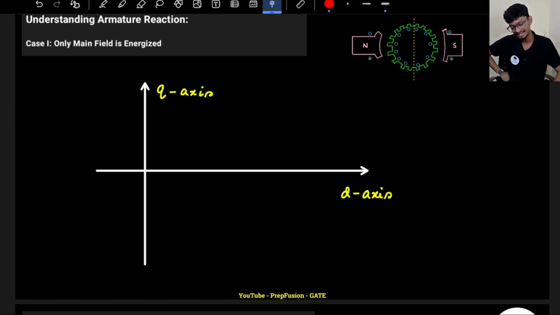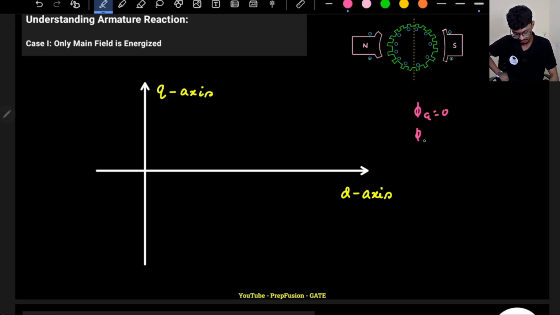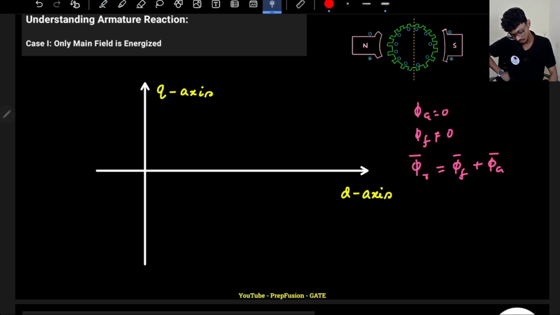If the main field is energized, along what direction will the resultant magnetic field be? My armature flux is 0, and my field flux is non-zero. What will be the resultant flux? Remember it is a vector quantity, because it depends on direction. The resultant flux will be the vector sum of the field flux plus the armature flux. Armature flux is 0, so it will be equal to the field flux only.